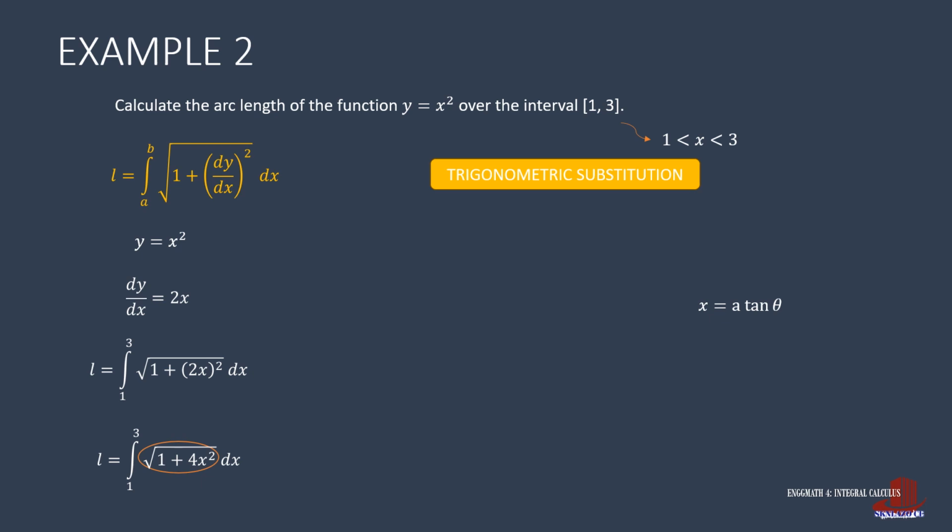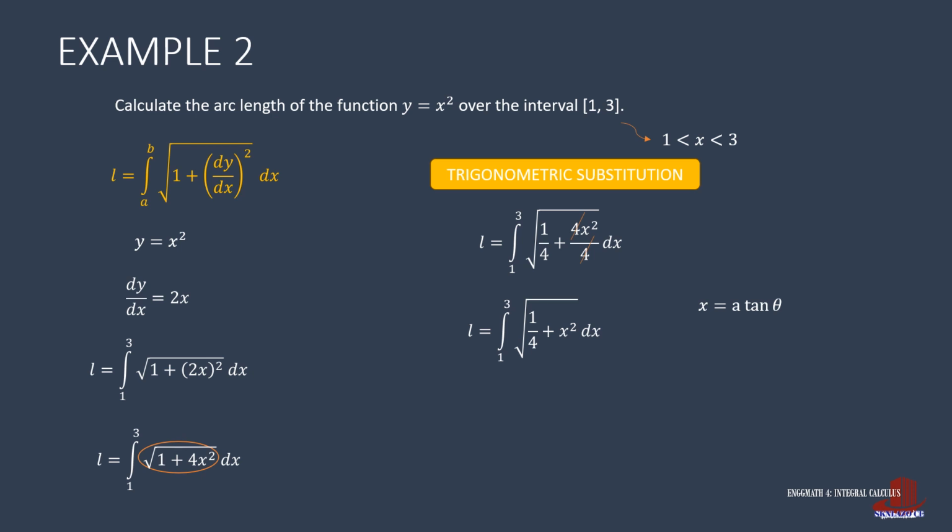We need to simplify the quantity in a squared plus x squared, which means there should be no coefficient of x squared, because right now there is 4 before x squared. We eliminate 4 by dividing the quantity by 4, so the 4's cancel out, and we have the root of 1/4 plus x squared dx.